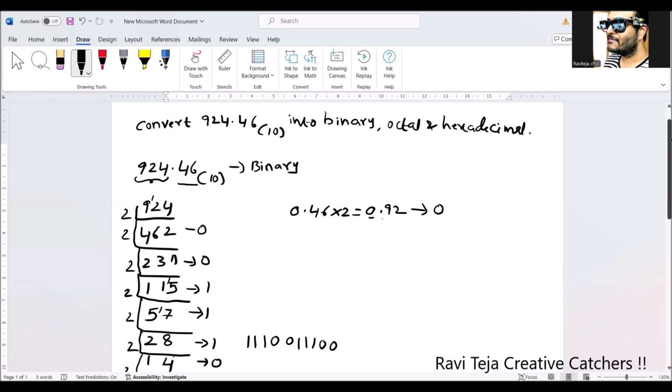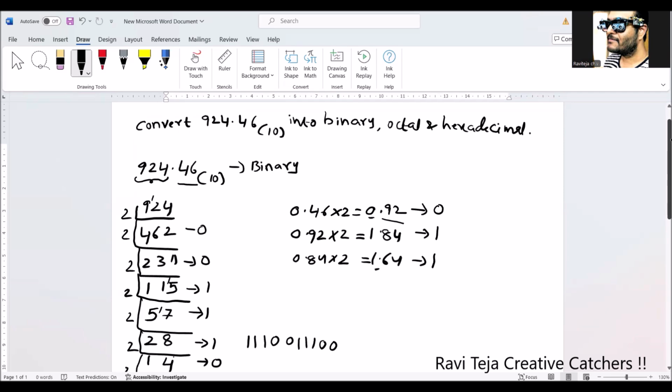And whatever the number we got after the point, again multiply with 2. 0.92 into 2, the answer what we get is 1.84. So before the point what we got is 1. And again 0.84 can be multiplied by 2. Okay. So somewhere around 1.68 what we get. And again before the point what we have is 1.